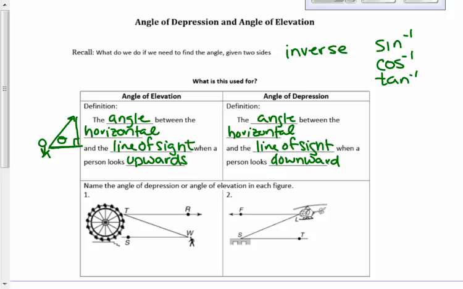You're standing up high, looking down, and your horizontal is at the top. Between your horizontal and your line of sight is the angle of depression. Again, if you connect down, it creates a 90-degree angle. So we can use the trig functions because we have a right triangle.